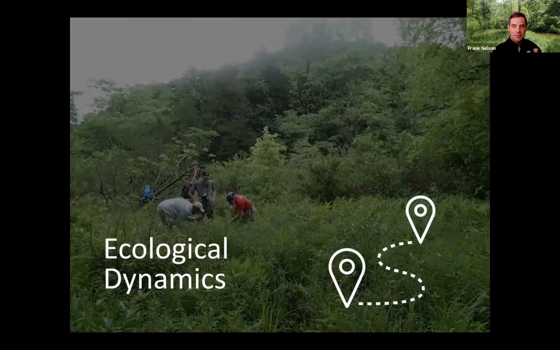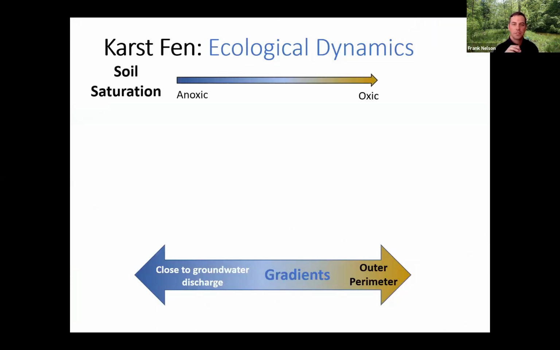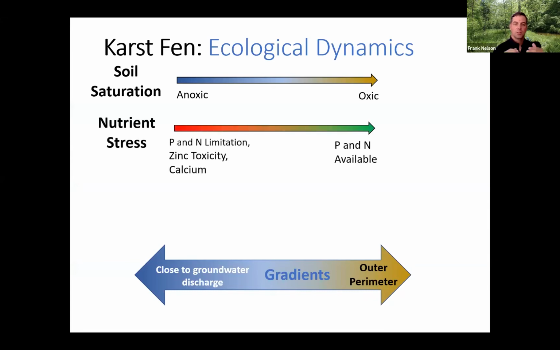So this gets into the beavers, gets into some of the ecological dynamics. When we're thinking about this gradient of close to groundwater discharge to, say, the outer perimeter of karst fens, we have these anoxic to oxic conditions. Also, with the geology, you have poor nutrient limitation and maybe some zinc toxicity closer to groundwater discharge, where nutrients are more available further away.